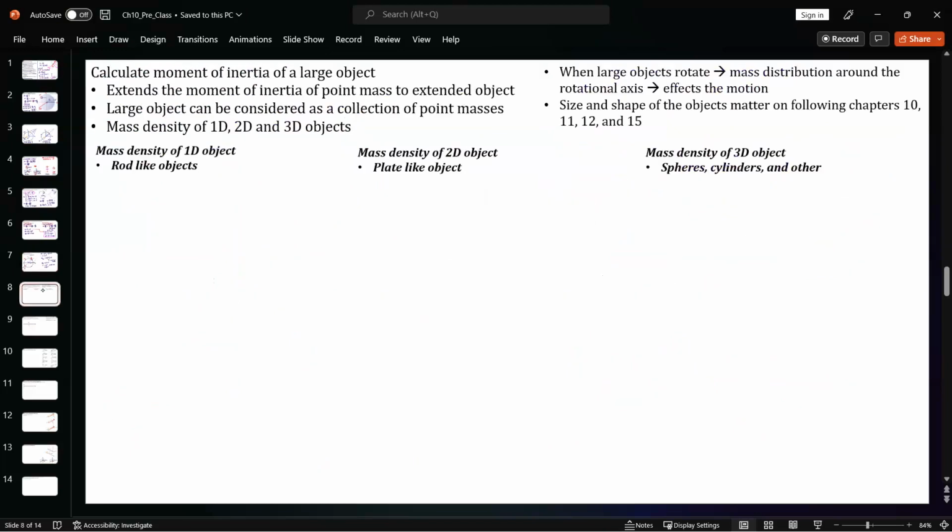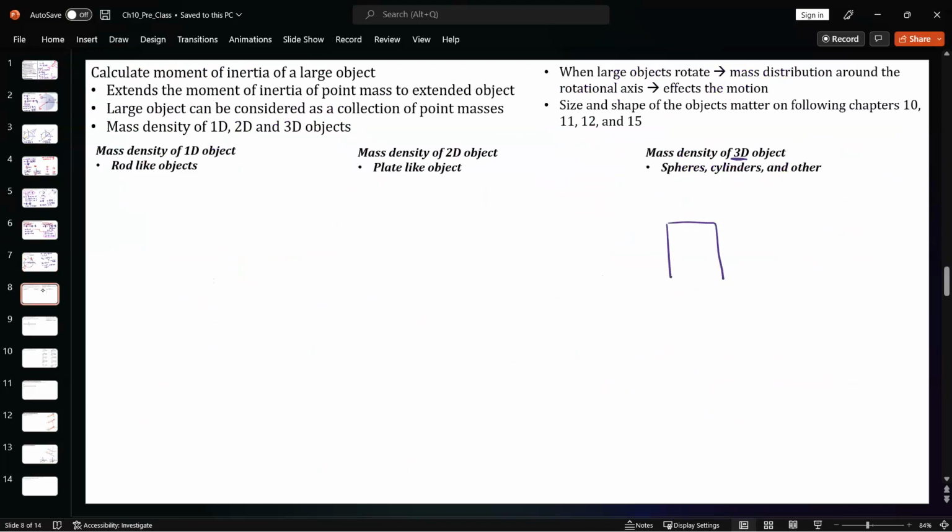When we're talking about an extended object, we can look at one important parameter, which we call the mass density. Usually, if I have a three-dimensional object, we know it has a volume and a certain amount of mass, like spheres, cylinders, those kinds of 3D objects. Then we know the density of such an object, which we usually write with the letter rho.